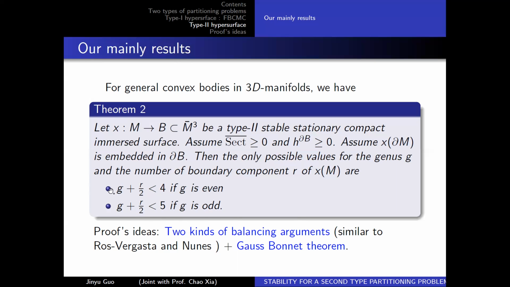And here, G is the genus of M, and R is the number of the boundary components of M.